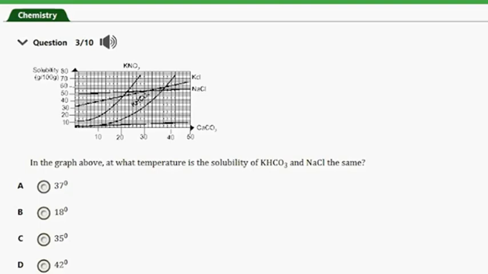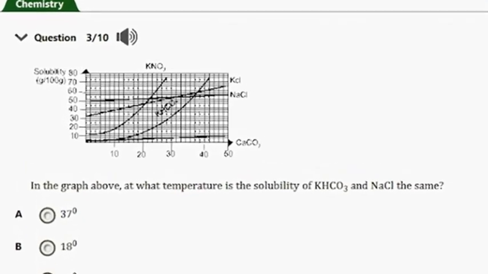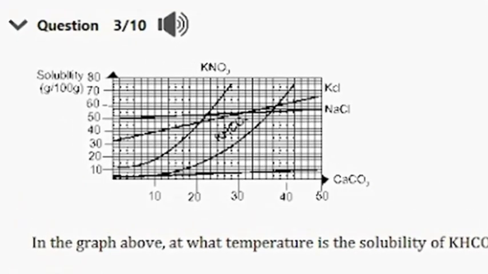So guys, the only thing we have to do here is to take note of the graph showing potassium hydrogen trioxocarbonate(IV), and then that showing sodium chloride, and then check where they intersect, and then check the corresponding value under the temperature, since the question says at what temperature.